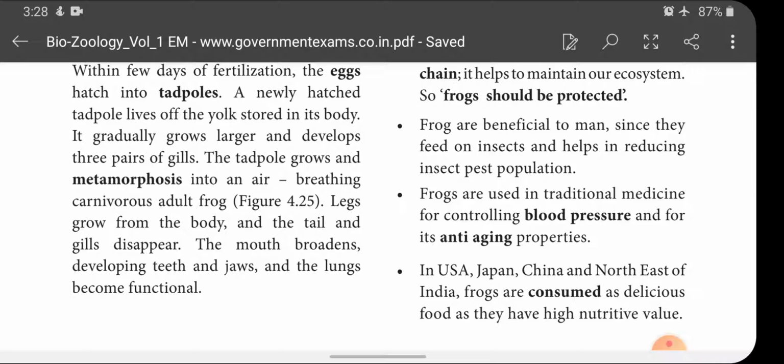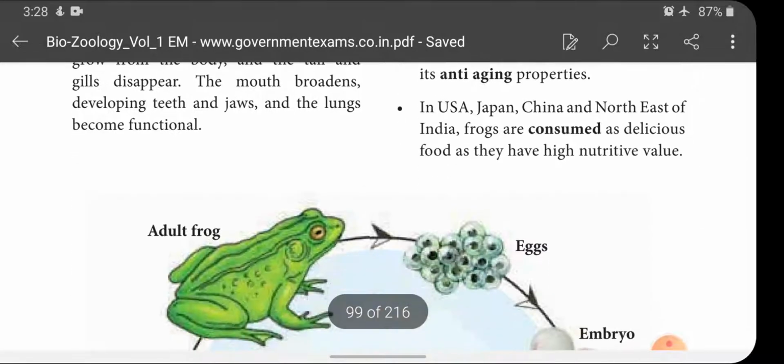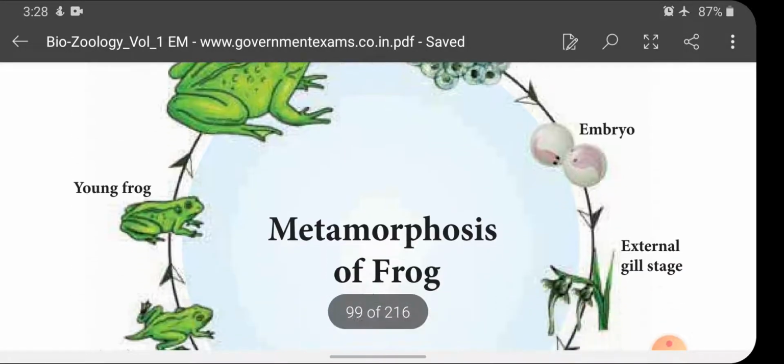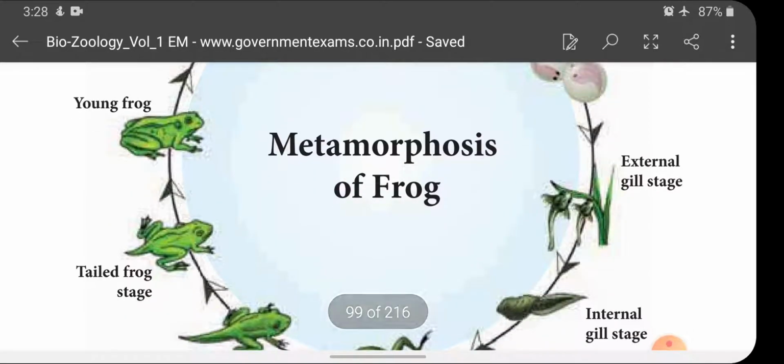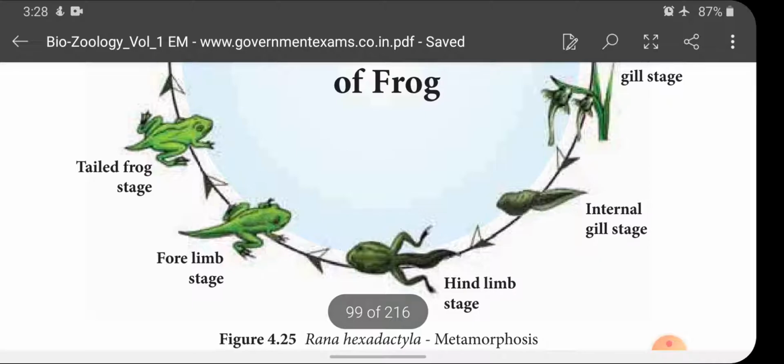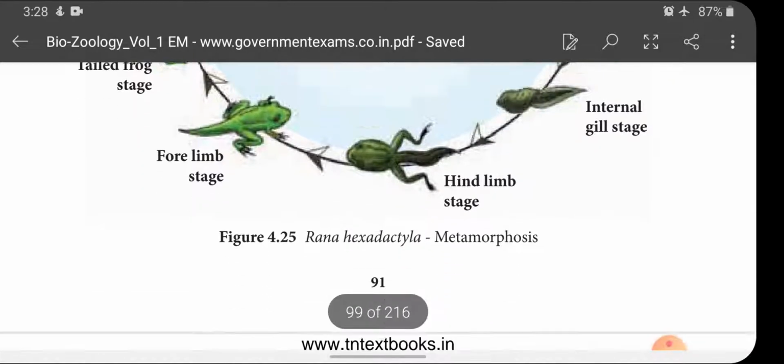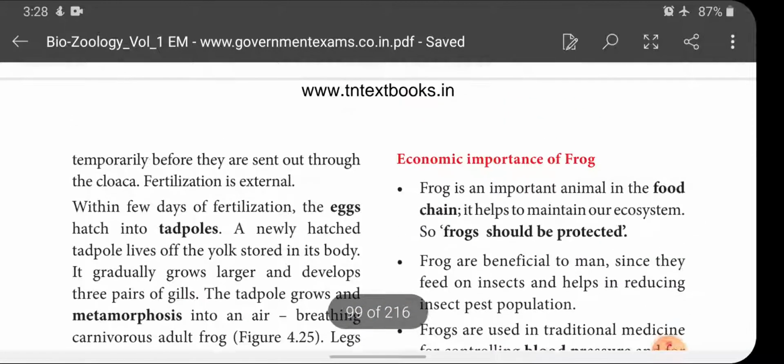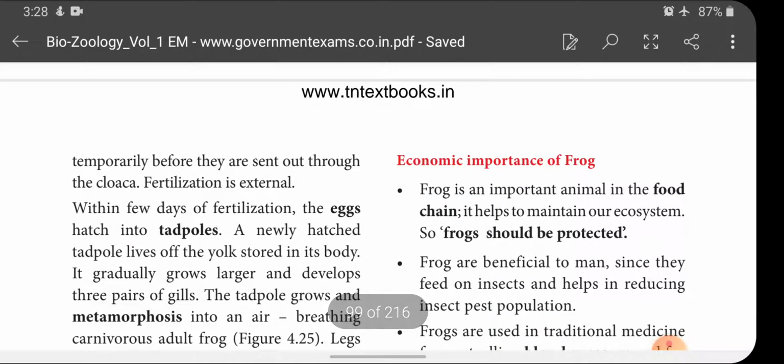The mouth broadens, developing teeth and jaws, and the lungs become functional. When it was in the water, gills were the respiratory organs. When it is fully developed, on land, it breathes by lungs.